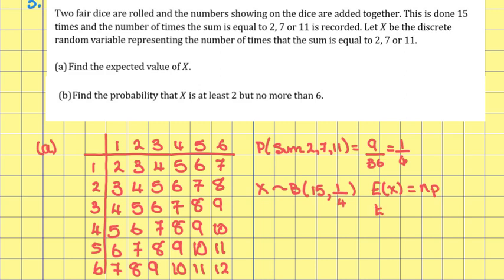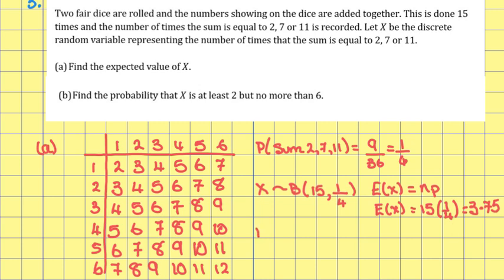So my expected value of x is equal to 15 times 1/4, which is equal to 3.75.